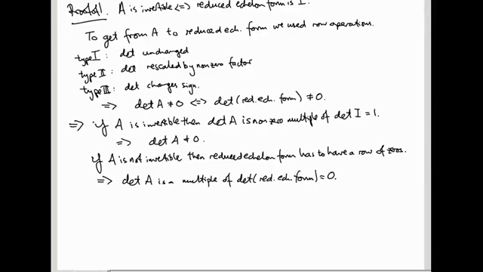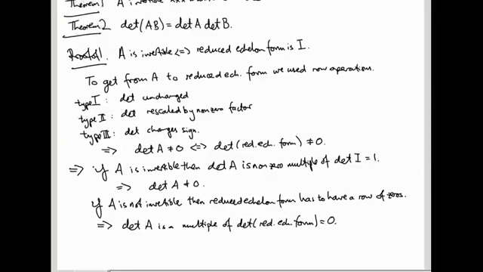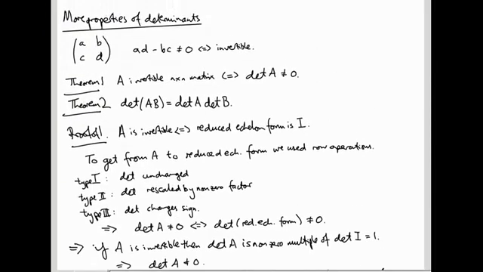So all the terms in the determinant will vanish. So if A is invertible, the determinant is non-zero. If A is not invertible, then the determinant is 0. So this shows that the determinant really plays exactly the same role for n by n matrices as it did for 2 by 2 matrices.